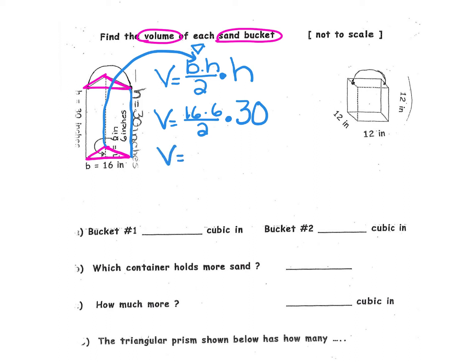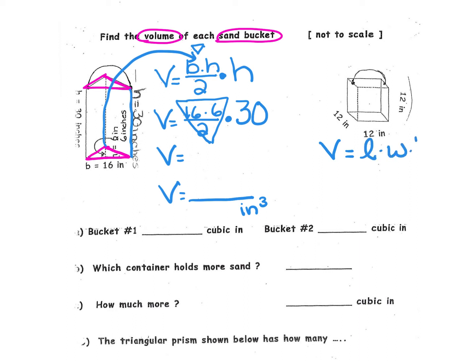First, take care of the triangle formula and then multiply by 30. Come up with the answer in cubic inches for the triangular prism. For the next bucket, it is a rectangular prism, actually a cube.